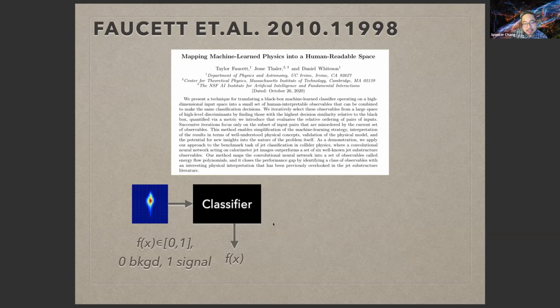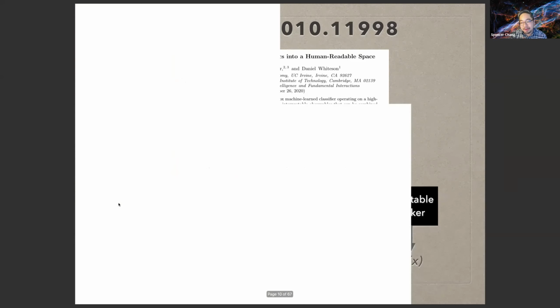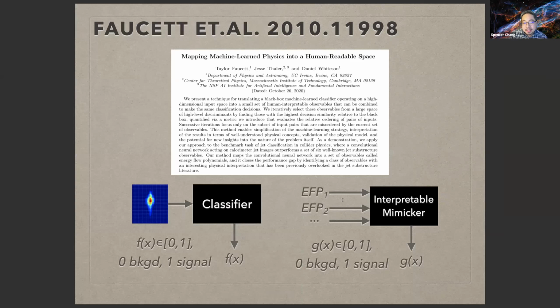It takes this complicated, unknown black box classifier and replaces it with a different type of classifier where the inputs are very interpretable, high level physics-motivated variables. They'll be the energy flow polynomials, and I'll review what those are.